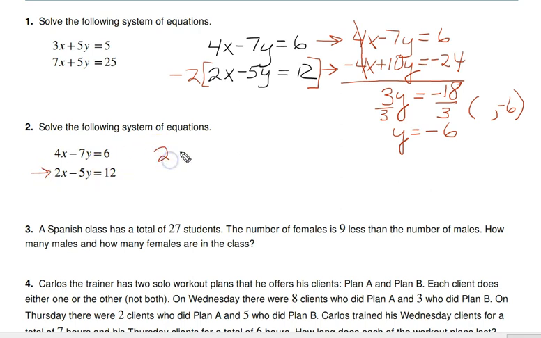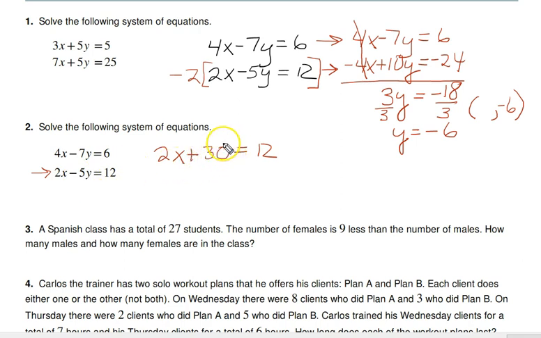So I have 2x minus, so a negative 5 times a negative 6 is going to be a positive 30 equals 12. I've taken my value for y, substituted it here, did this multiplication, I get this.